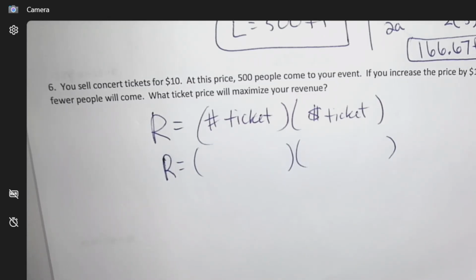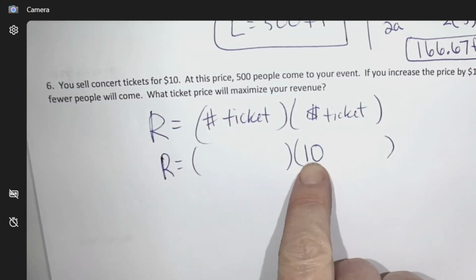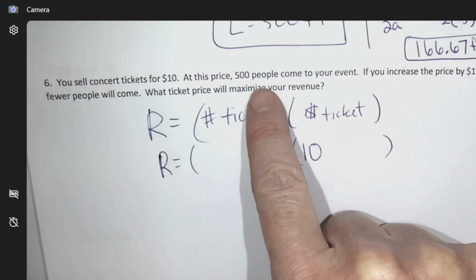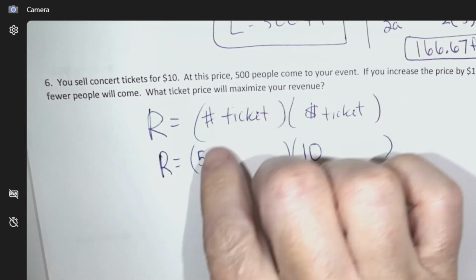Okay, so I'm going to read and then we're going to fill in as we go. You sell concert tickets for $10. So that is the ticket price. And then at that price, you get 500 people. So that is the number of tickets.